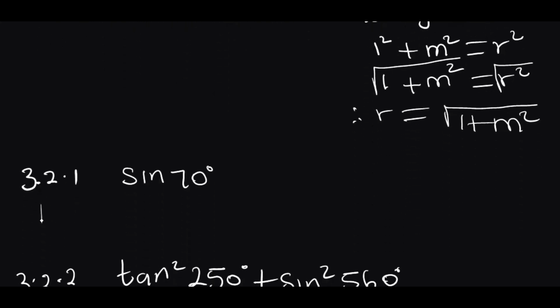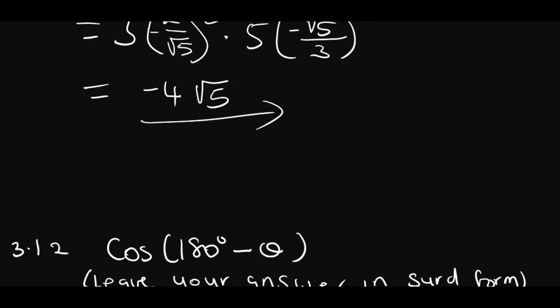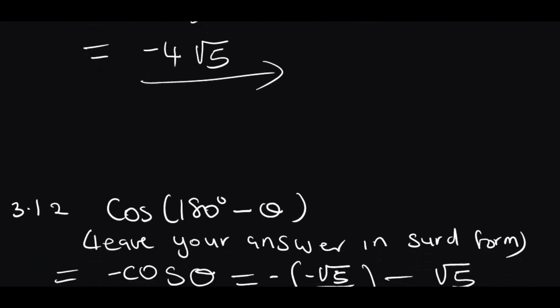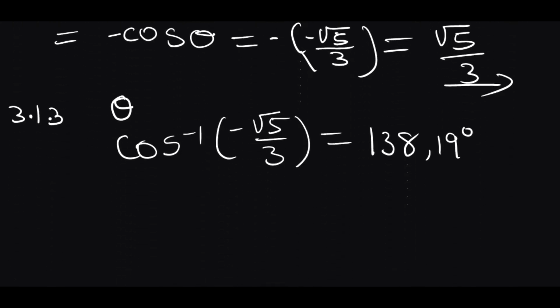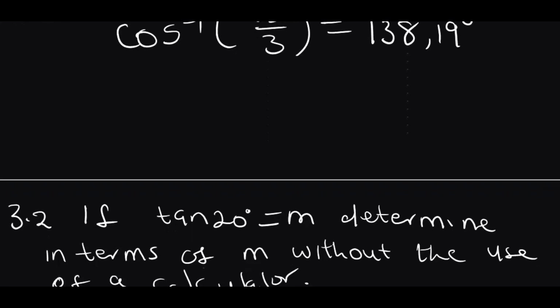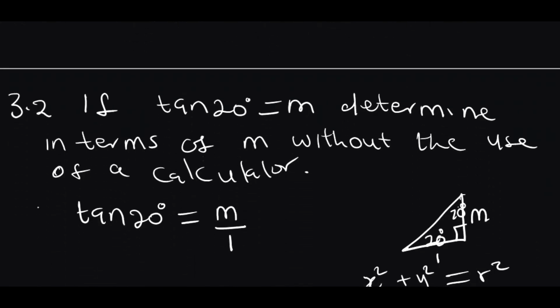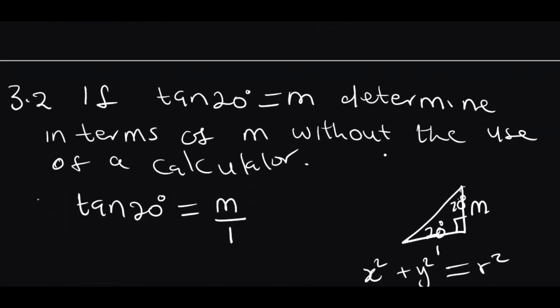Right, now we are required to write sine 70 degrees in terms of m. We know that r here is the square root of 1 plus m squared.